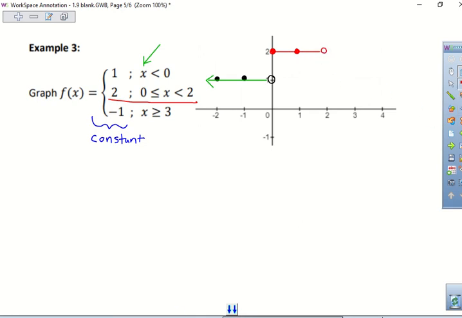Okay. Now next is going to be -1. So at -1, it's going to be starting at 3, and it's closed, and then it's going to go on forever in that direction, right? Yeah. Okay.